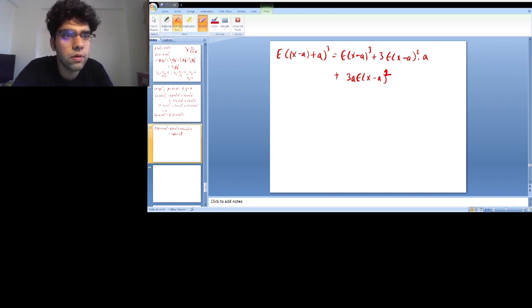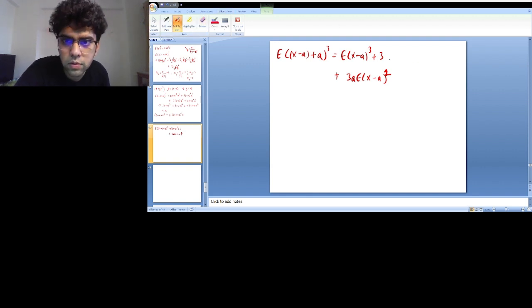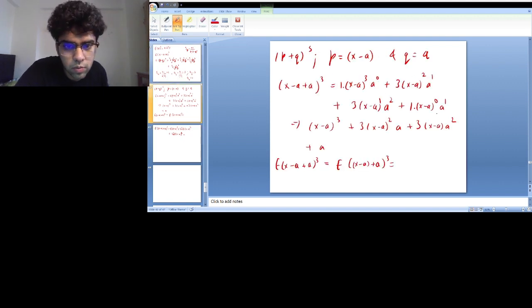Let me just write this side so that you don't get confused. This is a to the power 1 and this will be E of (x minus a) square, and this is a cube here, right?